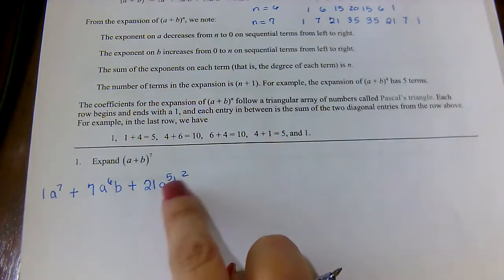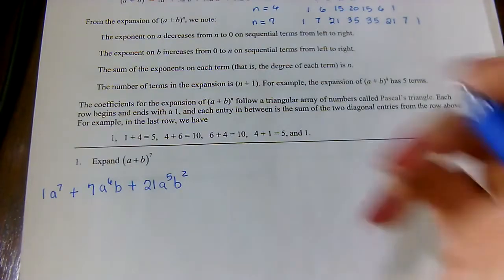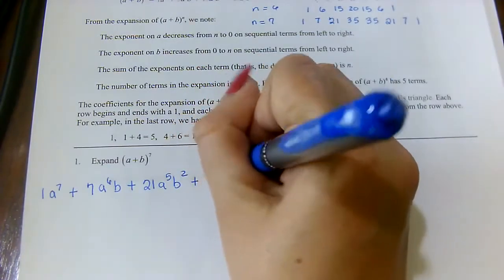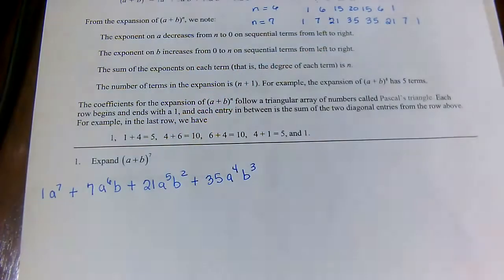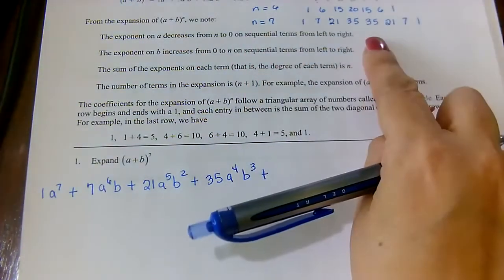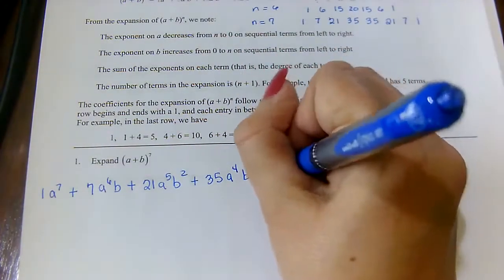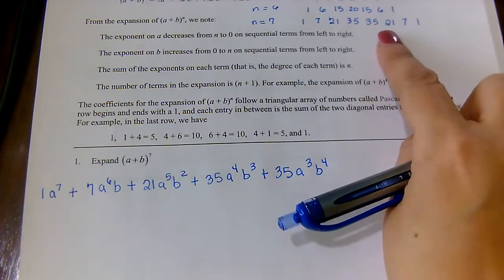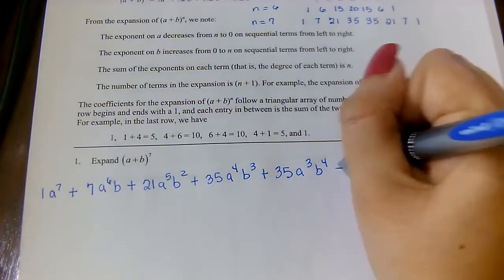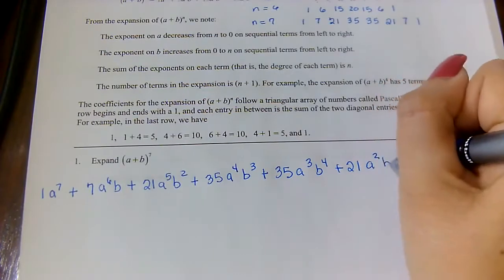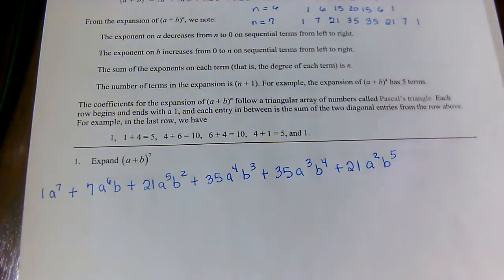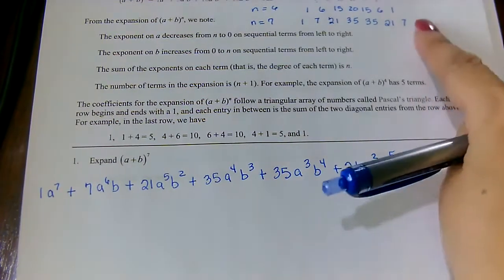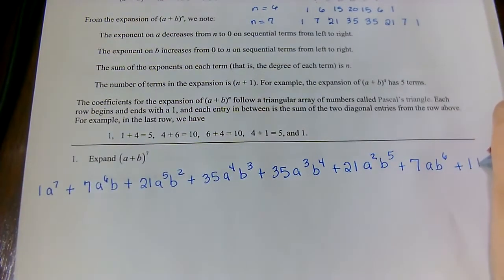Always make sure that your exponents on your variables add up to the 7. Okay? Plus 35 a to the 4th b to the 3rd, plus another 35 a to the 3rd b to the 4th, plus 21 a squared b to the 5th, plus 7 a b to the 6th, plus 1 b to the 7th.